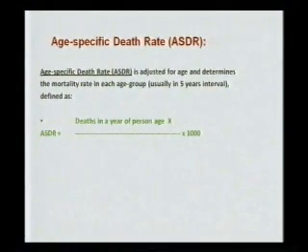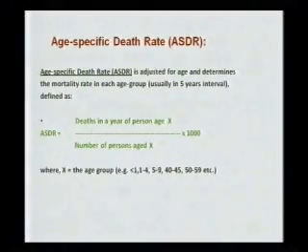You have the number of persons aged X as the denominator, deaths in a year of persons aged X as the numerator, multiplied by 1,000. That gives you the age-specific death rate in different age groups.